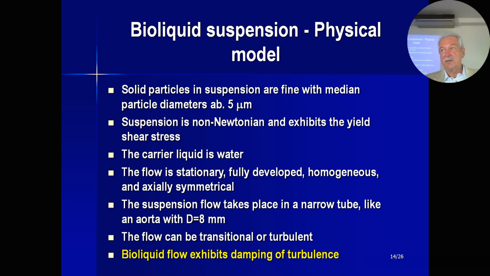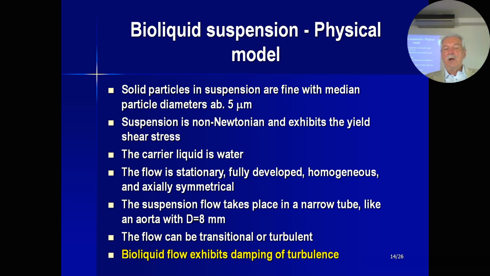In case of aorta, some researchers show that diameter of aorta is about 8.2 millimeters up to 9.3 millimeters, depending on organism. So I assumed in this case that narrow tube has inner diameter 8 millimeters. And I assumed that flow is transitional or turbulent. I will explain this later why I choose such assumptions.